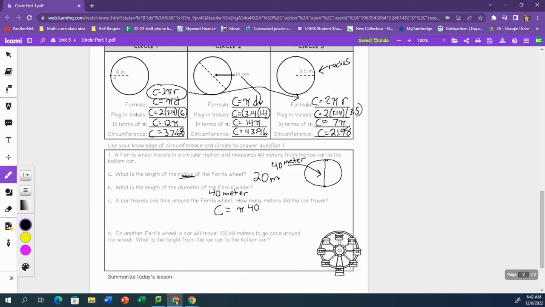If we go ahead and calculate that out, we would get C equals 125.6 because we just take 3.14 times 40. You can drop the 0 for right now. Just remember the zeros over here. And then you can calculate that out.